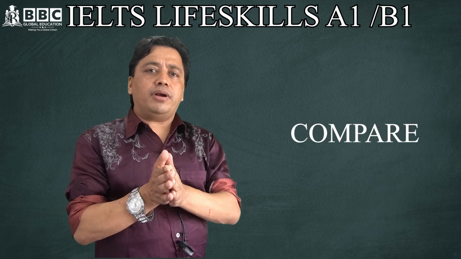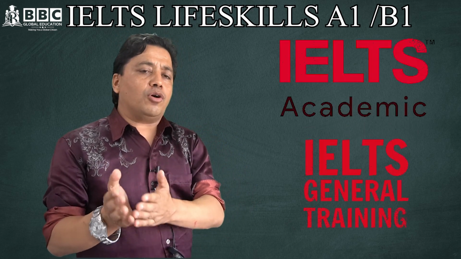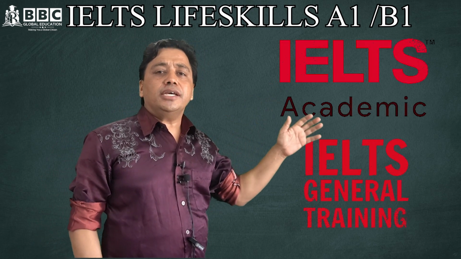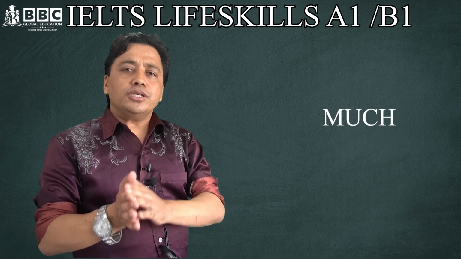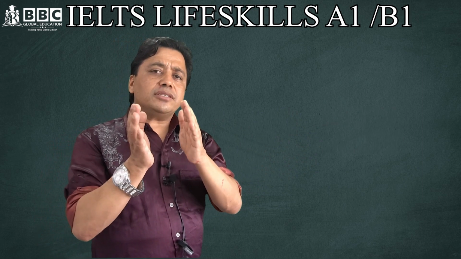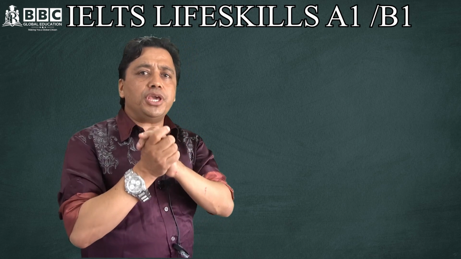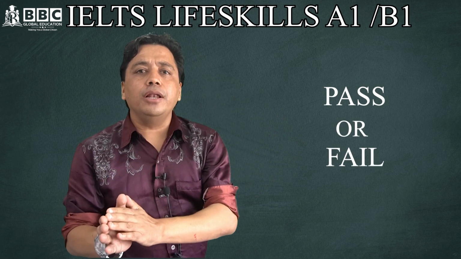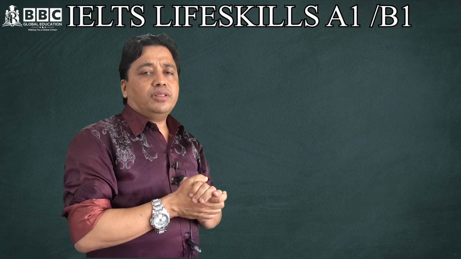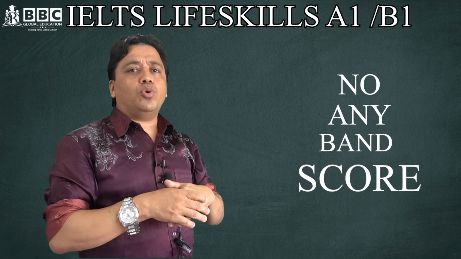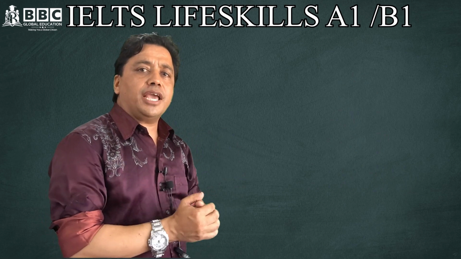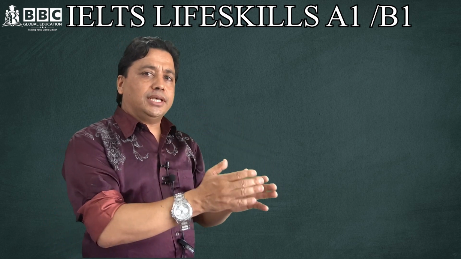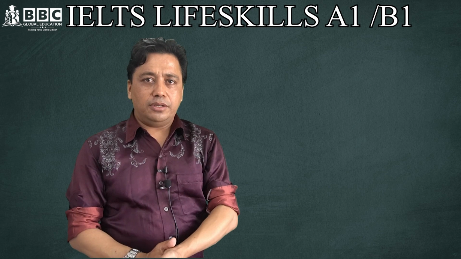So if you compare Life Skills A1 or B1 with IELTS Academic or IELTS General Training, it is much easier. So in other words, IELTS Life Skills A1 or B1 test is a pass or fail type of test. There's no band score in IELTS Life Skills A1 or B1. Your certificate says either you pass or you fail.